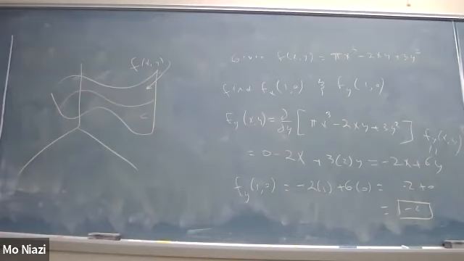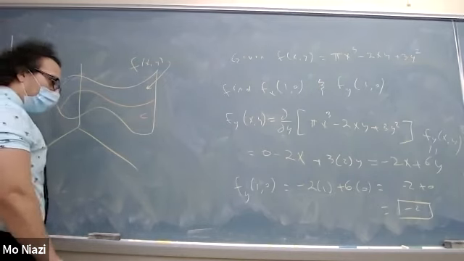We can find some, like a level curve, if you will. Actually, it is a level curve, right? Notice that at this curve C, it's like a line.